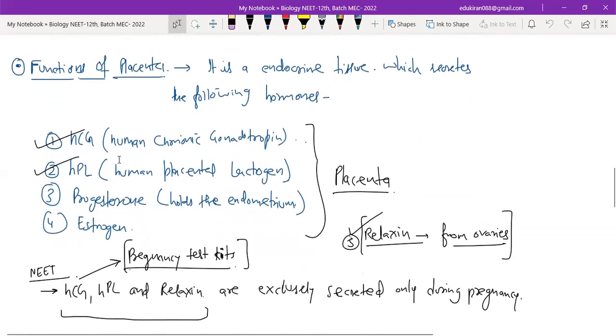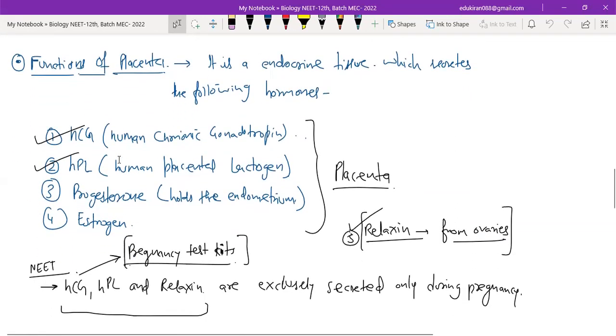Yes, sir, that's it. And then functions of placenta. So the placenta is an endocrine tissue which secretes 4 hormones, that is HCG, also known as human chorionic gonadotropin, HPL, also known as human placental lactogen, progesterone, and estrogen.